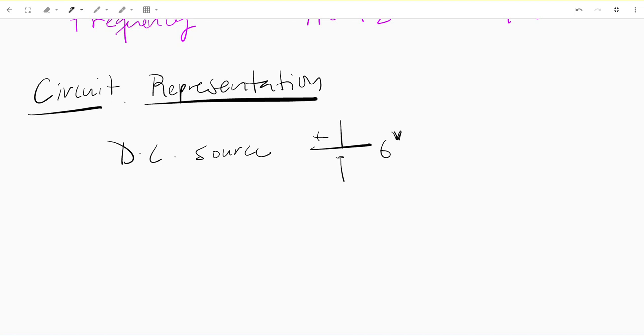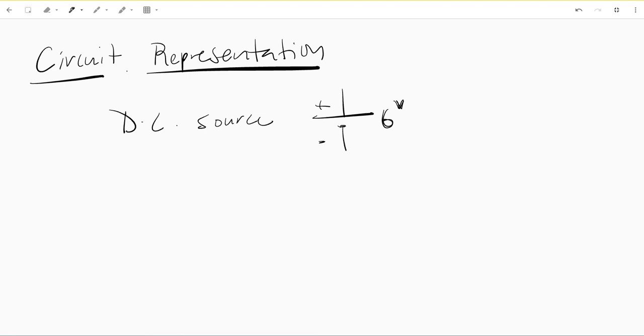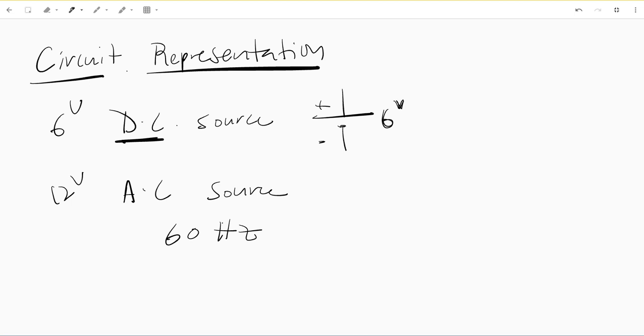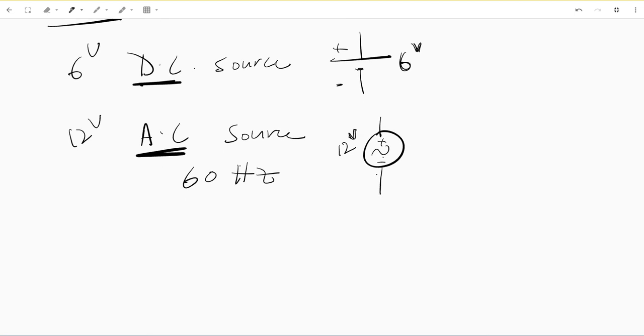And the value of the source is normally depicted somewhere next to the symbol. Additionally, if you have an AC source, with AC you need to give the frequency, where DC is direct current and AC is alternating current. The symbol for that looks like this. And again, you have to put the value somewhere next to the symbol.